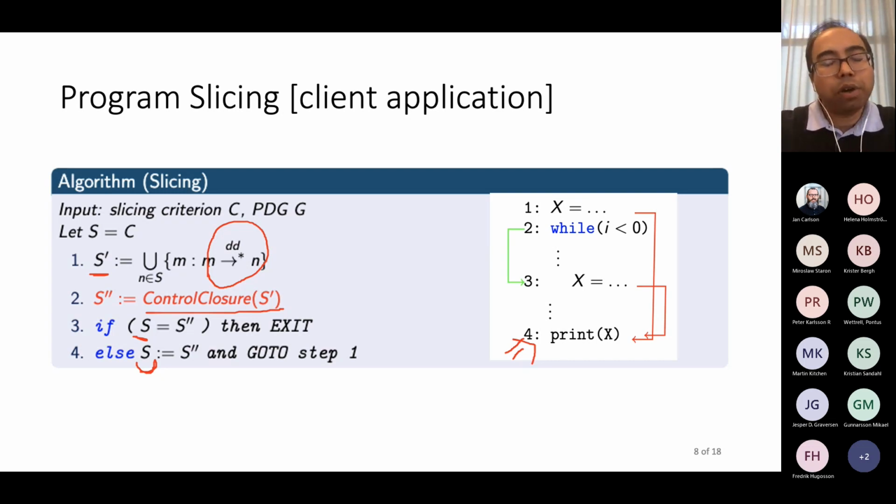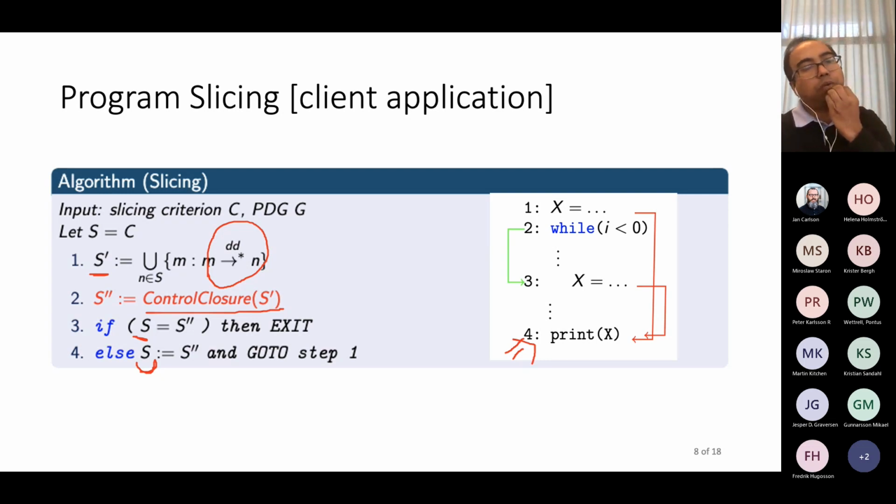What's the application of this slice? For example, if a bug has surfaced at statement 4, and we want to know what other parts of the program affect the computation here, we compute the slice and see which parts affect it, and we can go and check whether any error is caused by other statements before statement 4.